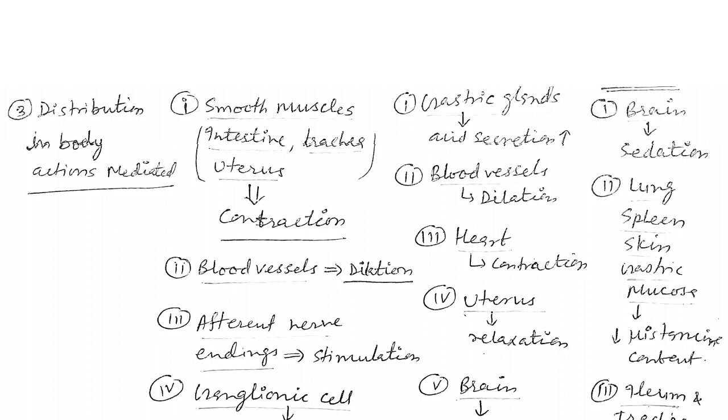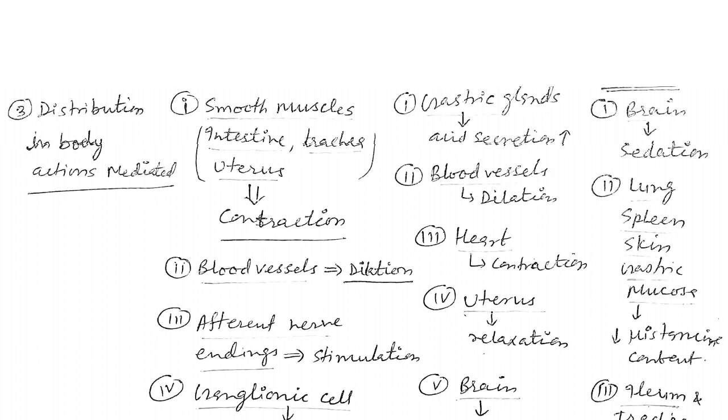Now the H2 receptors, histaminic H2 receptors, are present abundantly in the gastric glands. Gastric glands are in our stomach, and they are responsible for acid secretion, HCl secretion, especially by the parietal cells. The gastric juice is secreted by the gastric glands in the stomach.